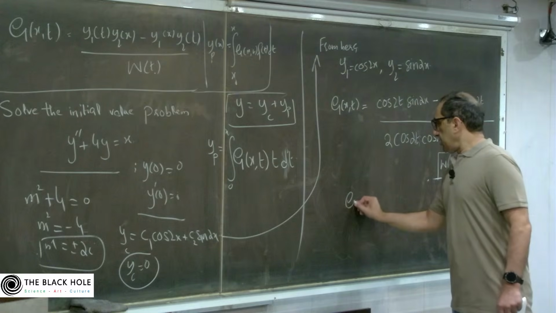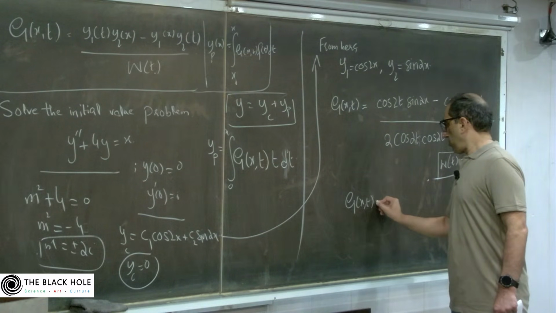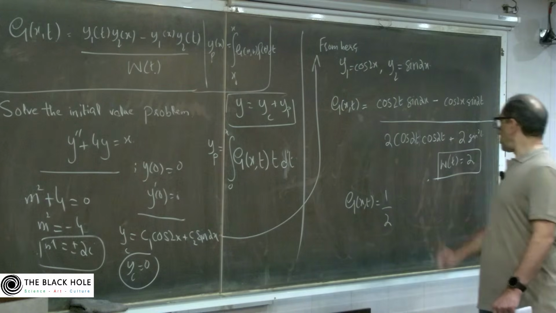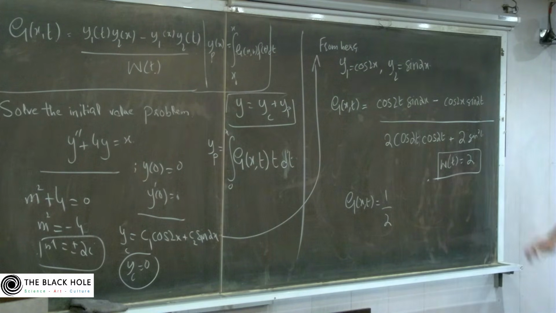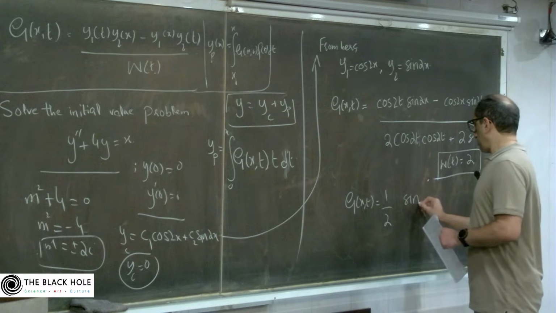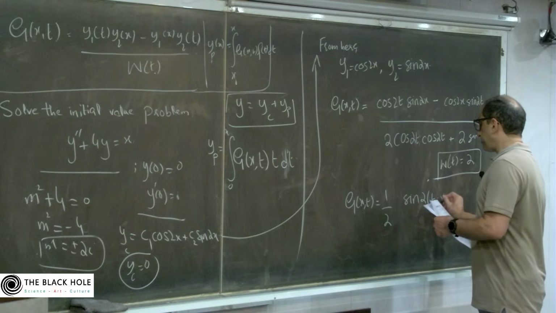So G of xt will be 1 by 2. Now if you look at this, can we write it like this?